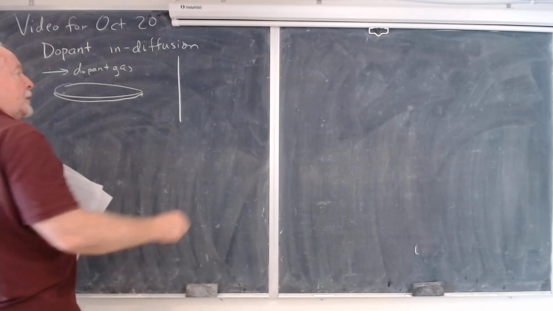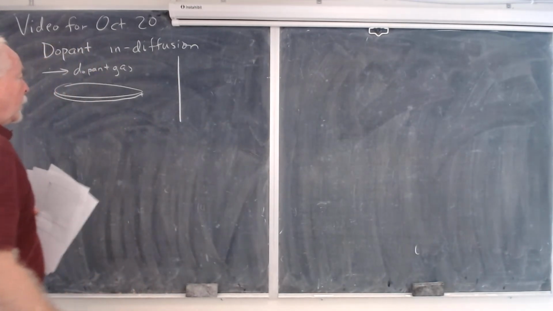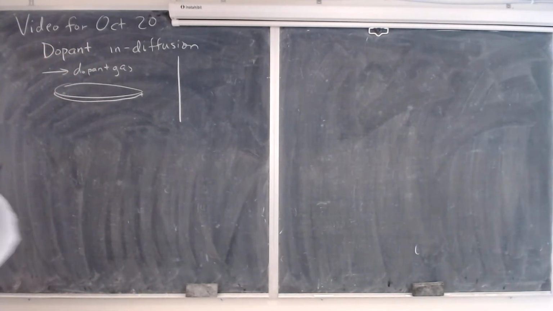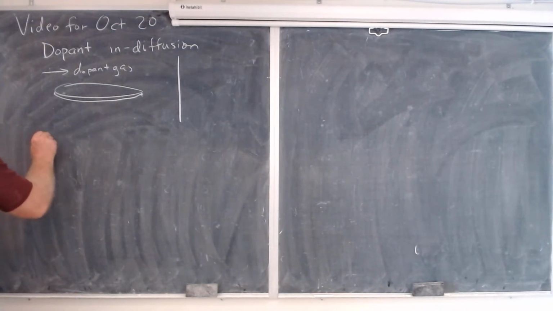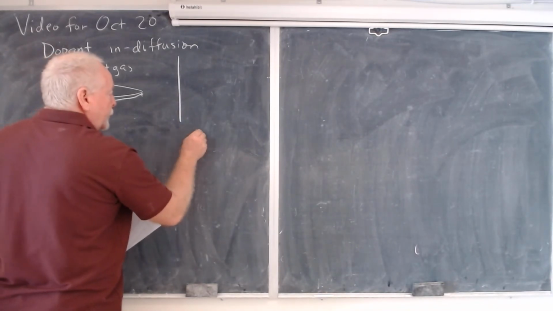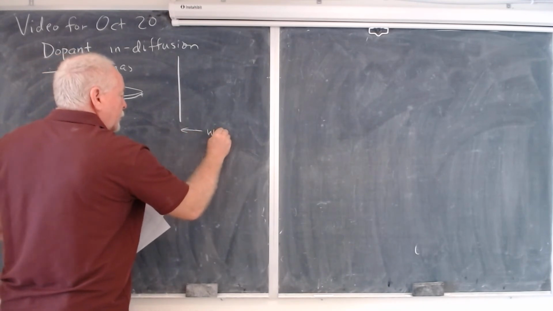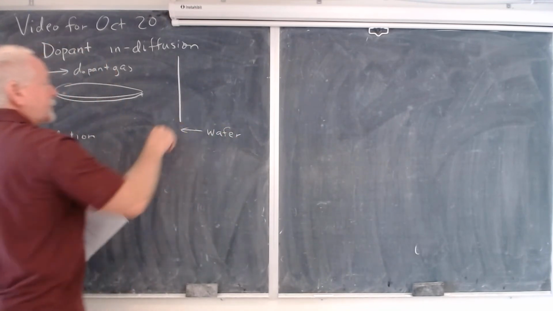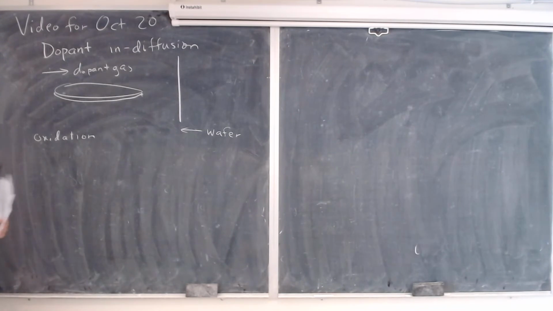Let's do variables here. It's a similar problem in the sense that here's the wafer, the surface of the wafer drawn outside.